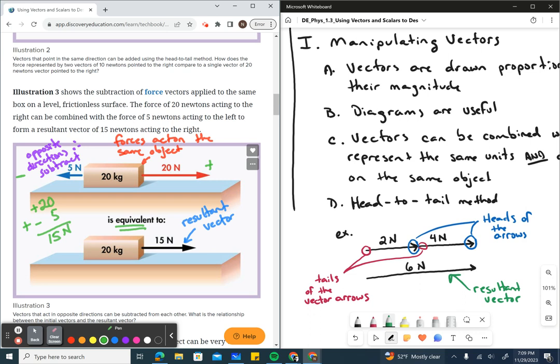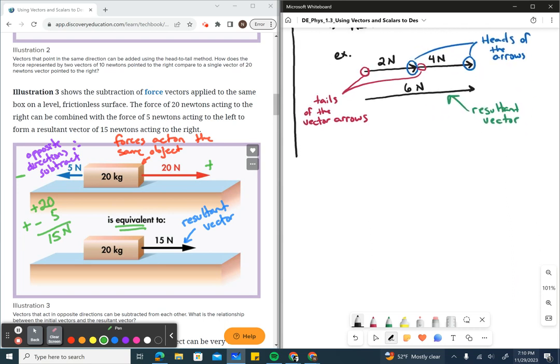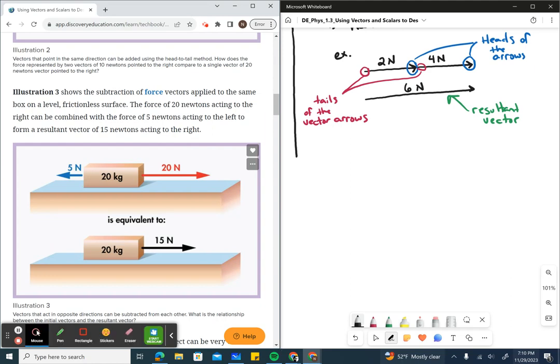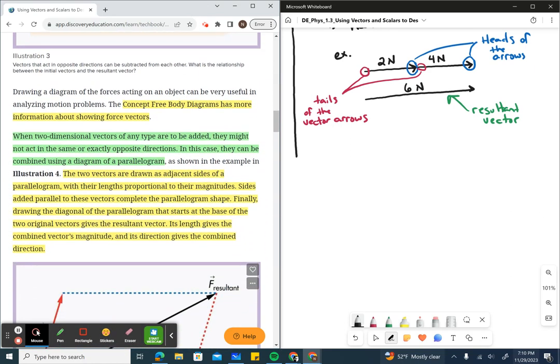Okay, so let's continue. Clear the screen here and move this up. Drawing a diagram of the forces acting on an object can be very useful in analyzing motion problems.